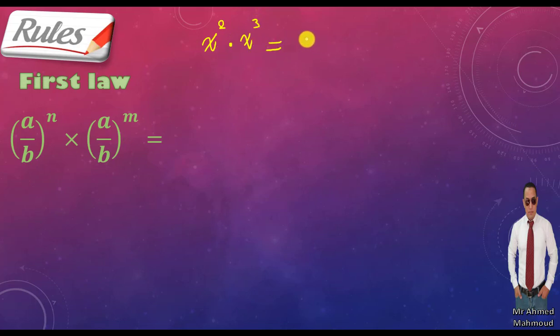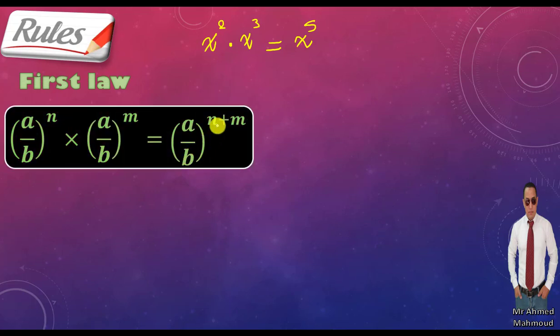First we write down x, and we add the powers: 2 plus 3 equals 5. So when we multiply two numbers that have the same base, we add the powers. So (a over b) power n times (a over b) power m, we add the powers, equal (a over b) power n plus m. This is the first law.